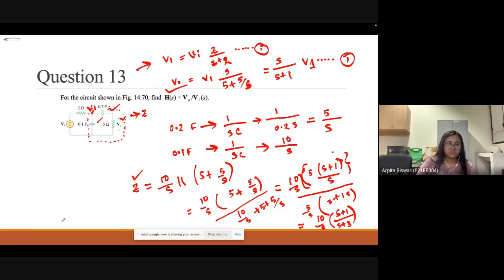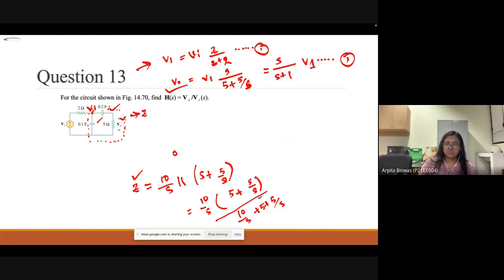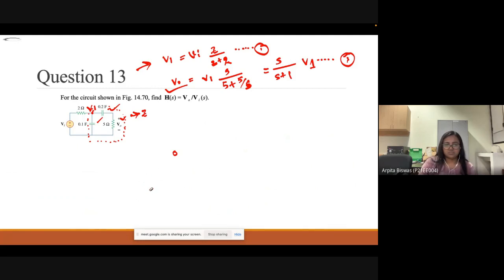Now I'm going to erase this portion. So next, from this equation we are getting V output equal to S by S plus 1 times V1.